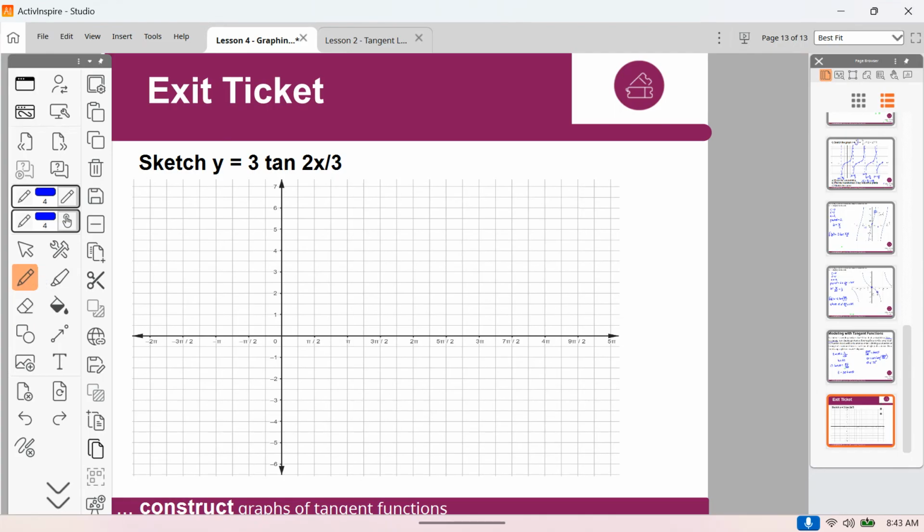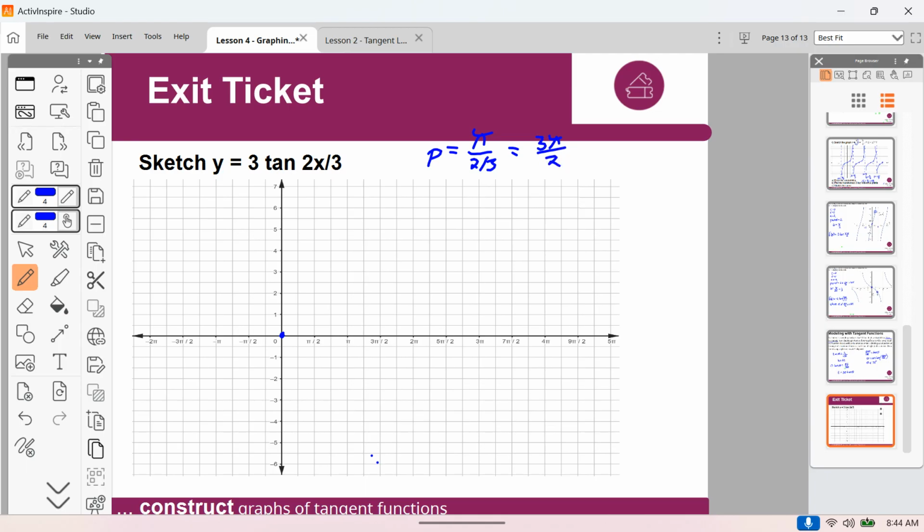So sketching this one, C and D are 0, so it's going through this point here. We need to figure out what our period is. Period is equal to pi over 2 over 3. So the period is 3 pi over 2.